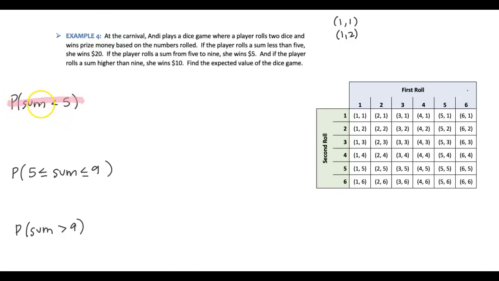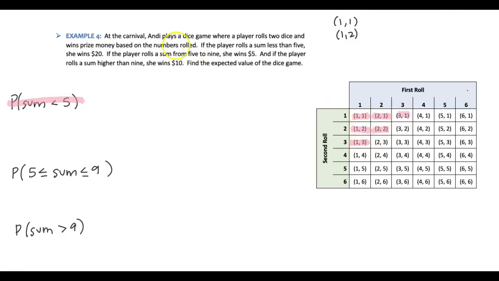I'm going to highlight the sums less than 5 in pink. So the roll 1, 1, 1, 2, 1, 3. I'm not going to highlight the roll 1, 4 because that would be a sum equal to 5, and we just want the sums less than 5. Roll 2, 1, 2, 2, 3, 1.